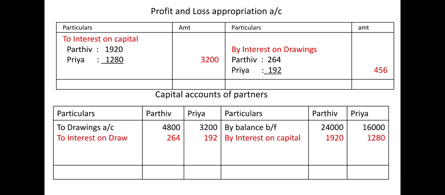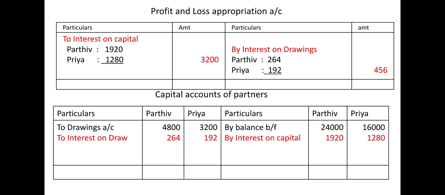See, it is here. Interest on drawing is the income for the firm, students. So in P&L appropriation account, we have to write it on the credit side, and every adjustment has two effects. So the second effect will be on the debit side of capital account. So adjustment number 1 is over, students.